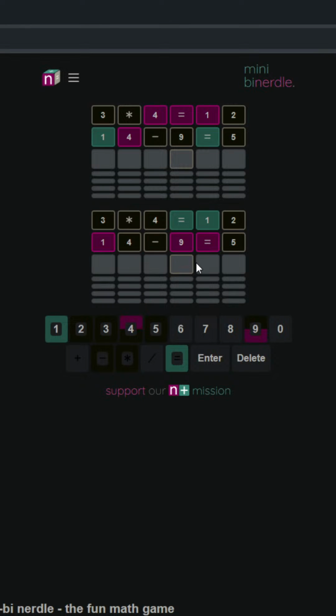So this one has a 9. But we don't know about 6, 7, 8, or 0. We know we're not using minus or multiplication, so let's try for addition. Let's try a 9 at the start. 9 plus... maybe like 91?